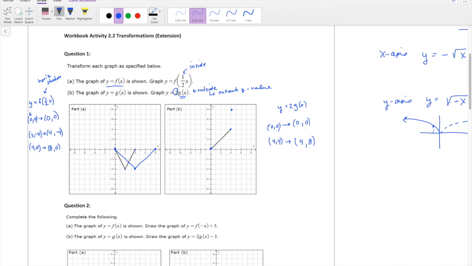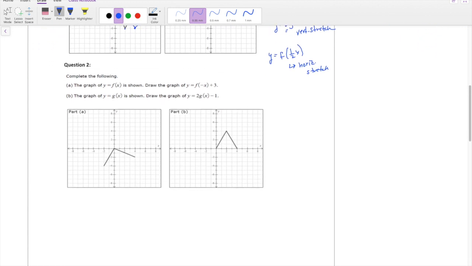Let me try that again. A little bit better. So the difference is that our vertical stretch is something like 2 times g of x, where we're multiplying on the outside. And the first one, f of 1/2 x, was our horizontal stretch, where we were multiplying on the inside.